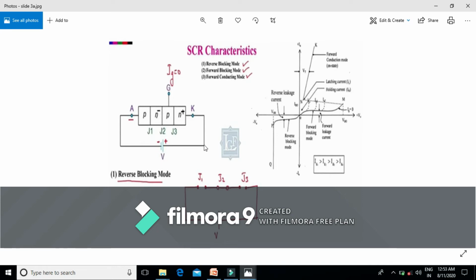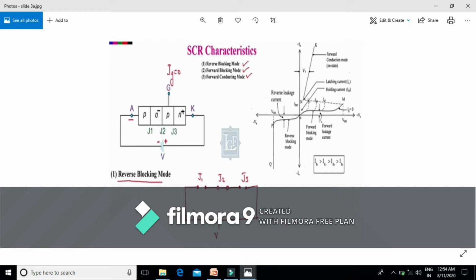We should also keep in mind that our reverse voltage should be less than the breakdown voltage, because at the breakdown voltage a large amount of current flows due to the avalanche effect, which may result in the heating of the junctions, or it may cause serious damage to the SCR.